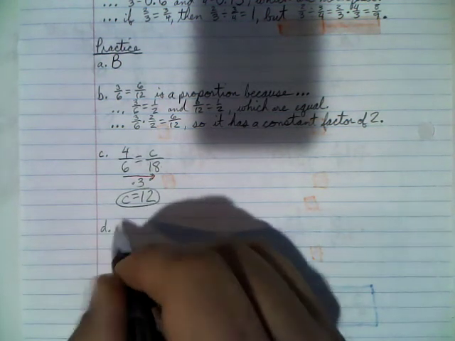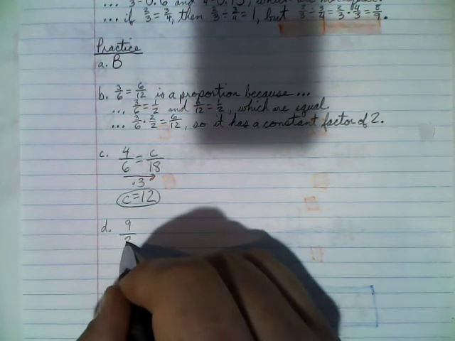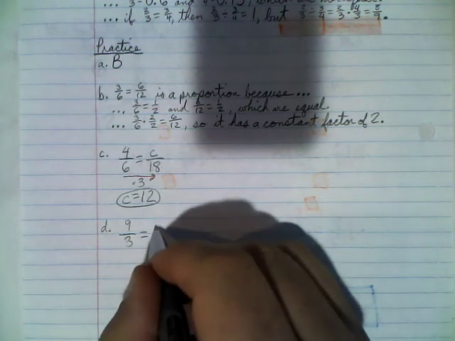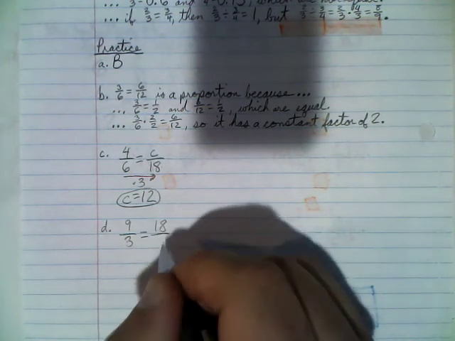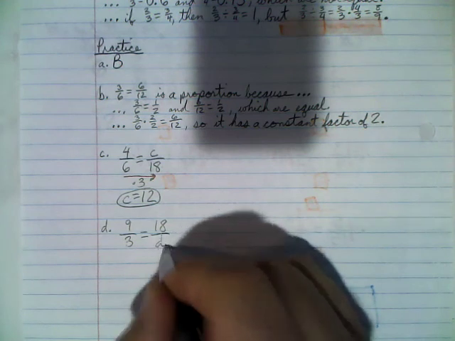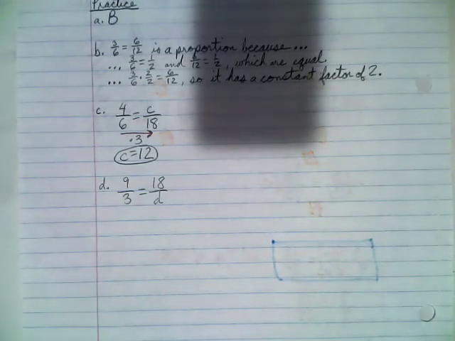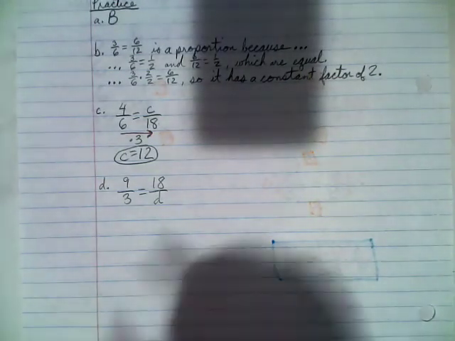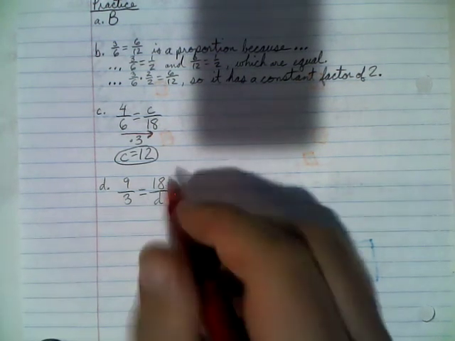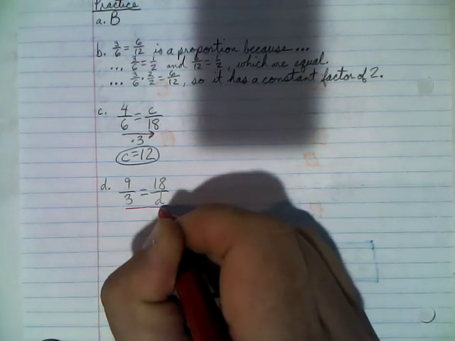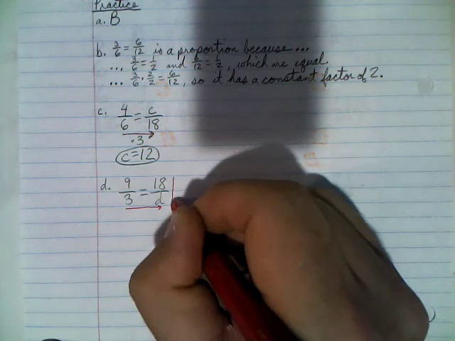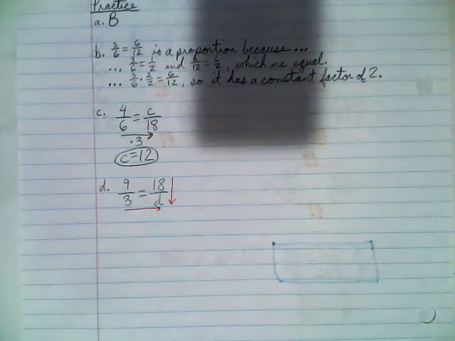We'll try this again with D. D, we have 9 over 3 equals 18 over D. Now this time, since D is on the bottom right, I either want to move to the right or I want to move down. So looking at it, which one stands out?